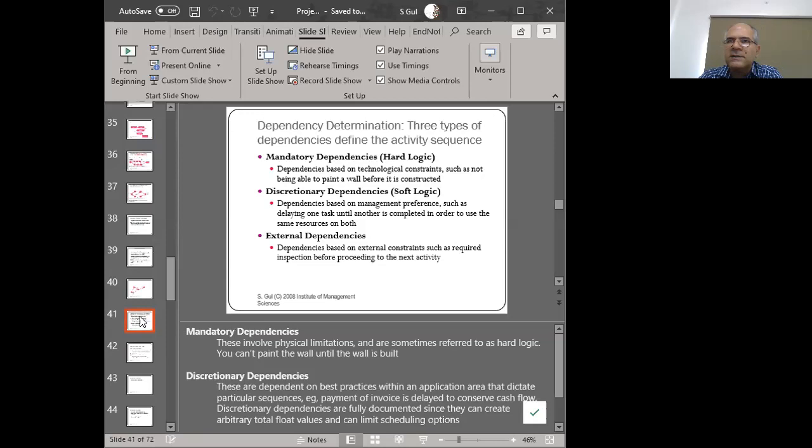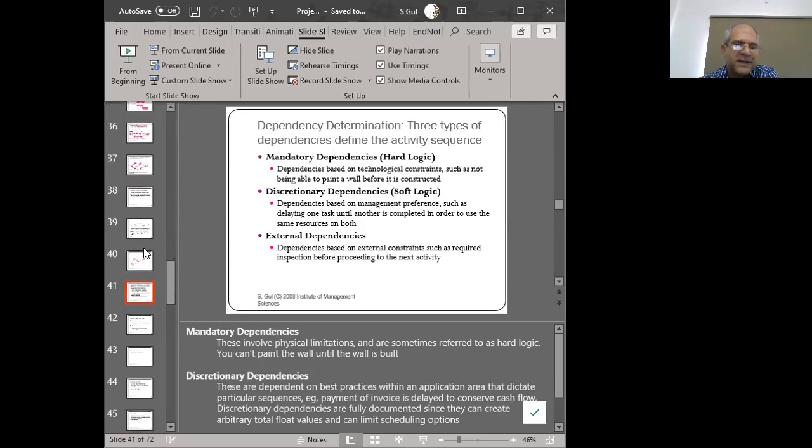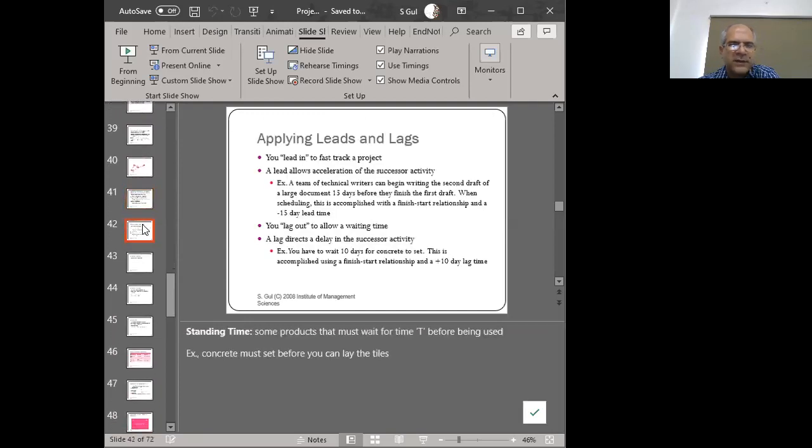So you have done something, and now you can't move to the next step because certain external third parties need to come and perform some sort of inspection, right? That's also a type of soft logic, but it's kept separate because it's not related to your internal procedure, rather it's a third party caused dependency. So these are another form of dependency that exists in a project, and we have to make sure they're a part of our schedule as well.